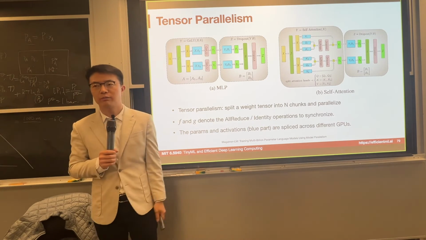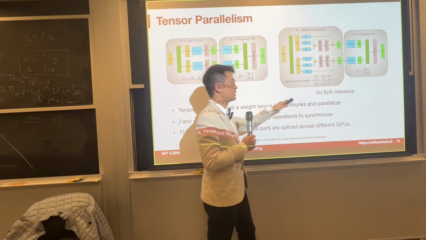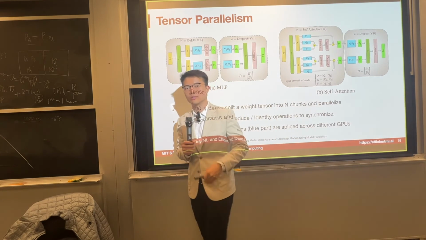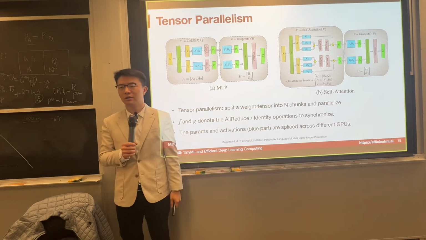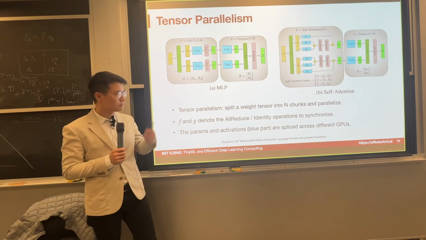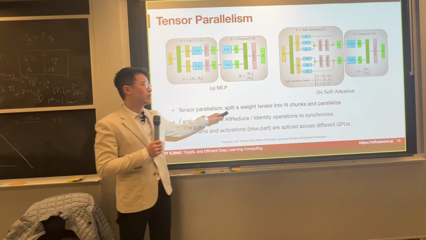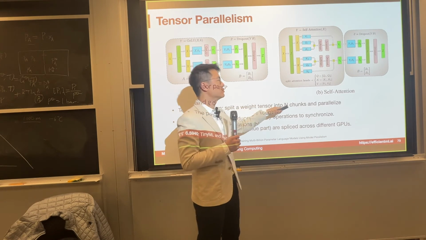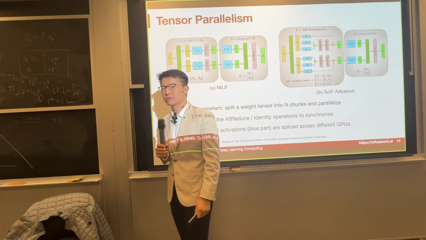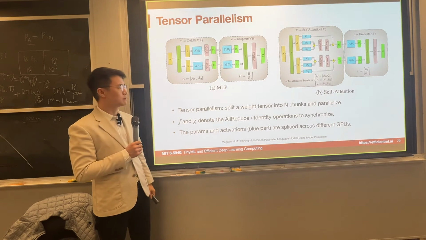And how do we use model parallelism to handle the MLP layers and also the self-attention layers, which is the building block in transformers and large language models these days.